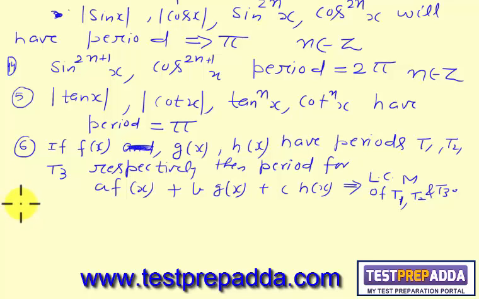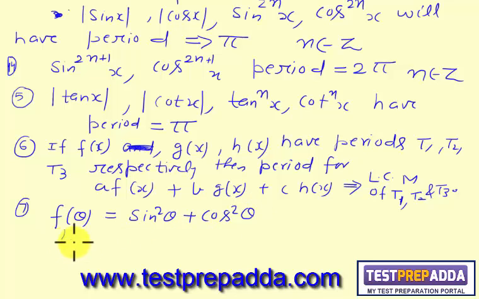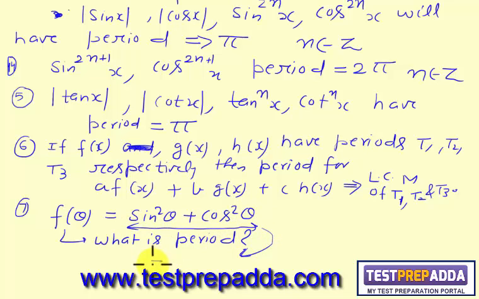For example, if I say f(theta) is equal to sine square theta plus cos square theta, and if I ask you what is the period of this function, you will say that sine square plus cos square theta is actually 1.